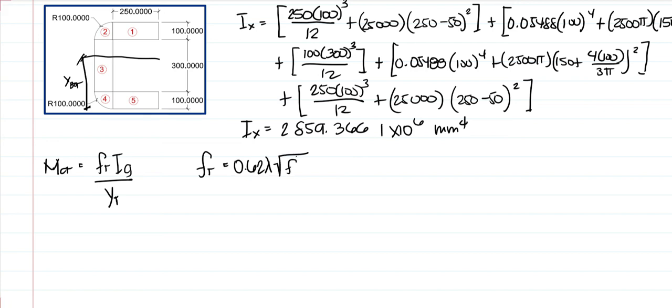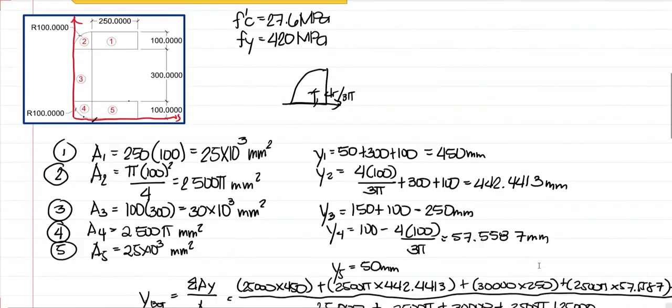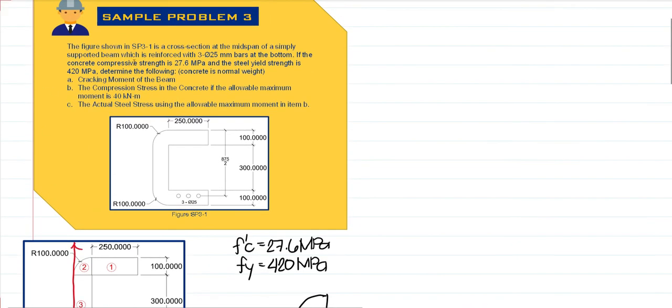So, yung lambda natin, automatically, that is 1.0 kasi sabi sa problem, normal weight. The concrete is normal weight. So, ibig sabihin, kailangan lang natin na 1.0 siya.